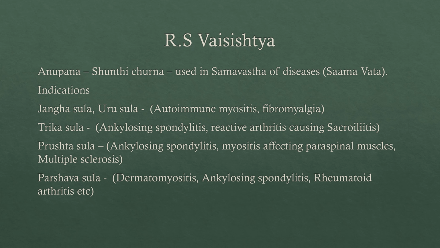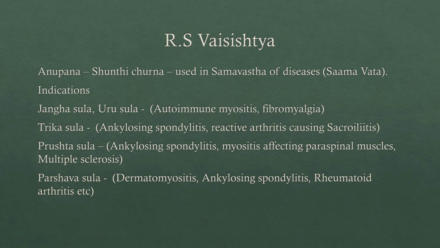Trikashula we can correlate with the pain affecting the Trika part. Trika is most accepted as the lower back region where the three bones join together. There we can indicate conditions like ankylosing spondylitis and reactive arthritis causing sacroiliitis. All these are acute inflammations affecting that region.